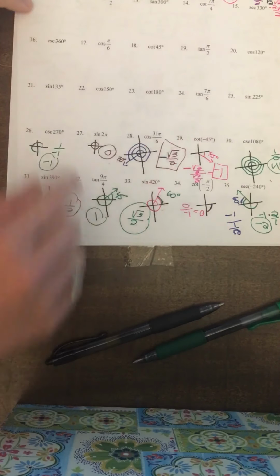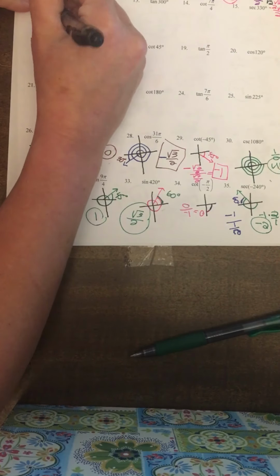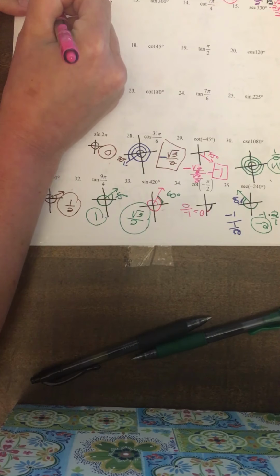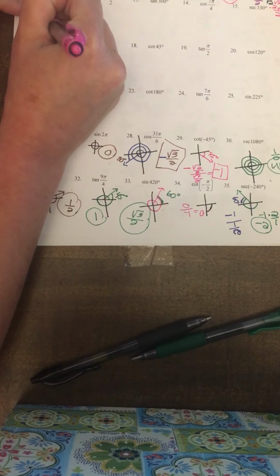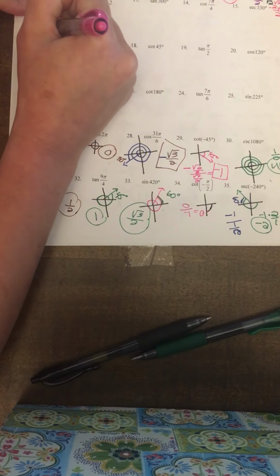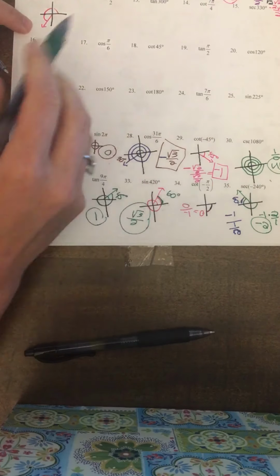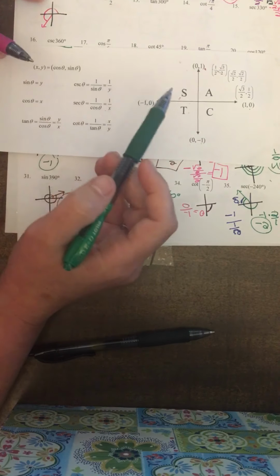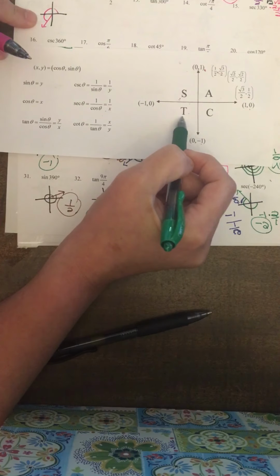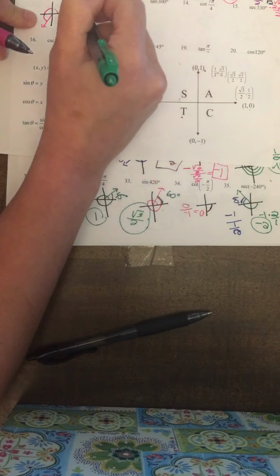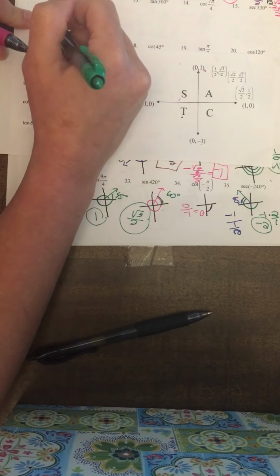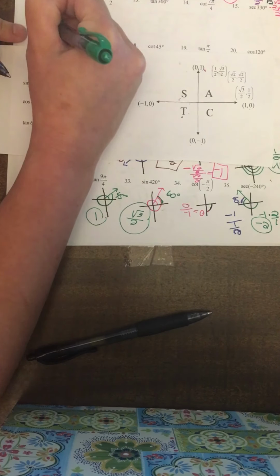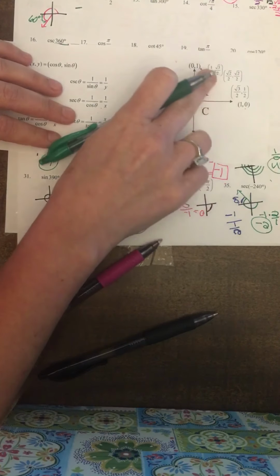Okay, we can start back at this row. Cosecant of 240. So we're rotating 90, 180, and then 60 more degrees to get to 240. We're in the third quadrant, and cosecant is the reciprocal of sine, and in the third quadrant, sine is negative because only tangent is positive. So our answer is going to be negative, and since we're 60 degrees away from the x-axis, our reference angle is 60 degrees, which means we're looking at this point.